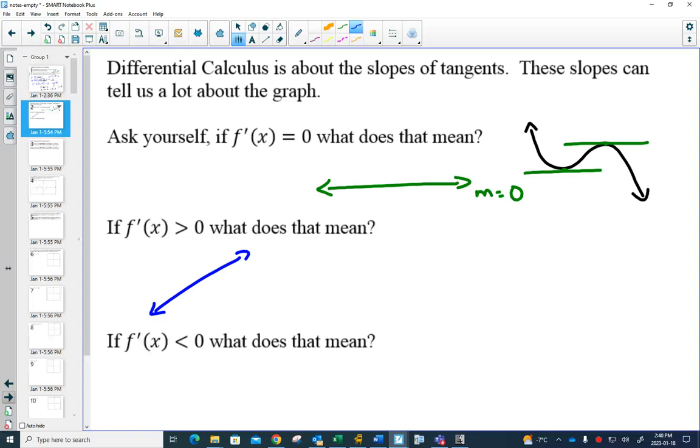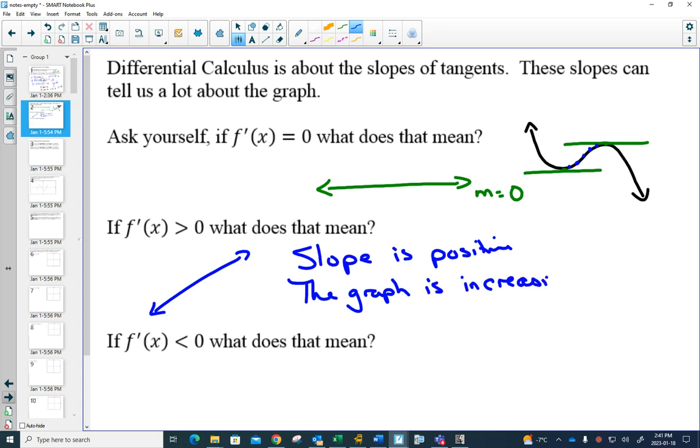Can you see where you could draw tangents on our original graph where the slopes are positive? I could do one here, right? Or here, it would be a positive slope, or here, or here, or here. We would say in that section, our graph is increasing.